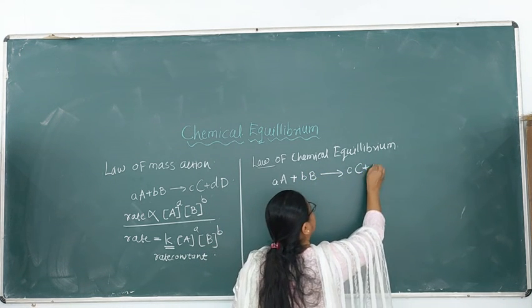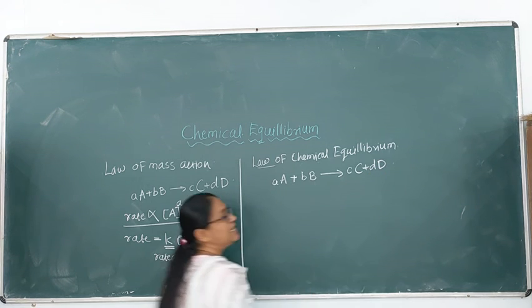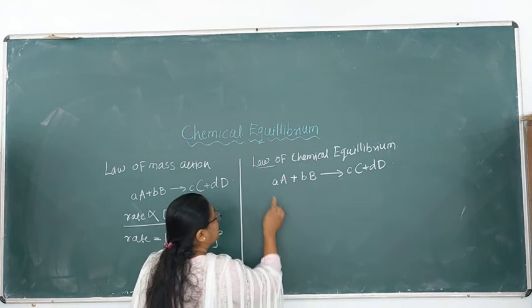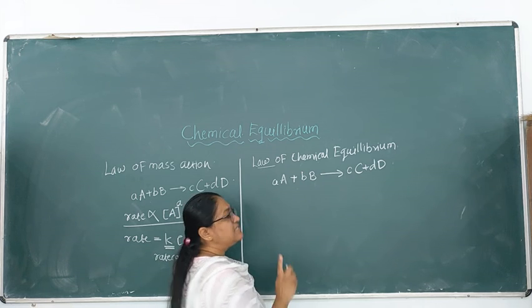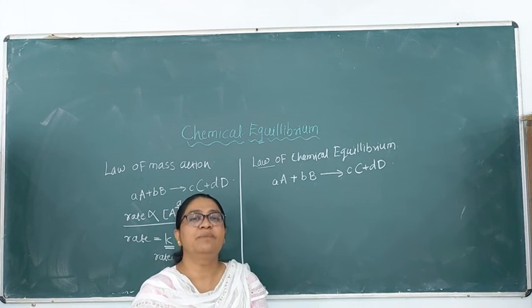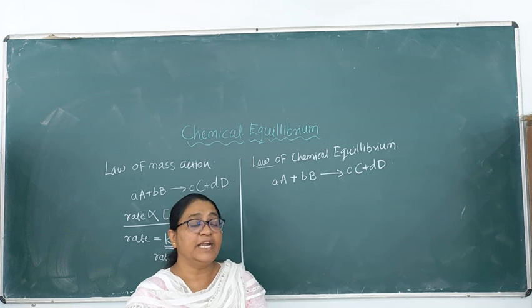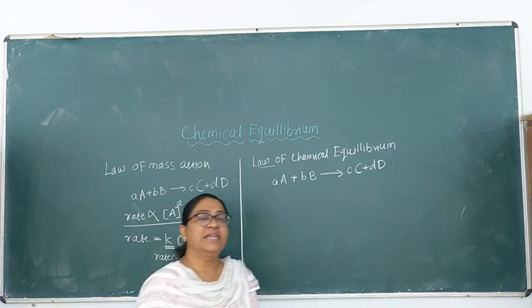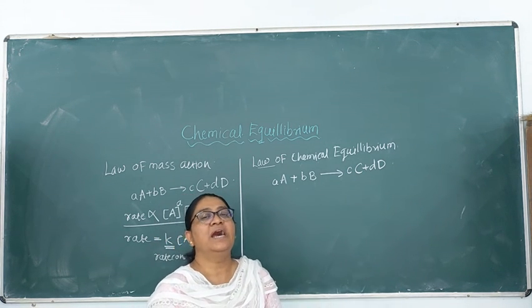Let's again consider that simple reaction. This reaction we have considered. Now we have seen that at chemical equilibrium, or when the equilibrium is established in the reaction, the rate of the forward reaction and the rate of the backward reaction are equal.